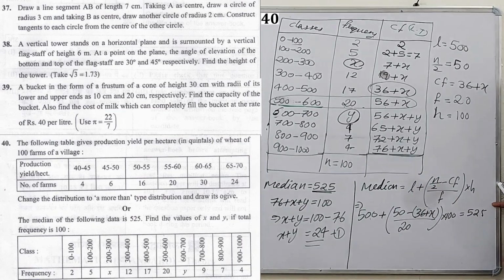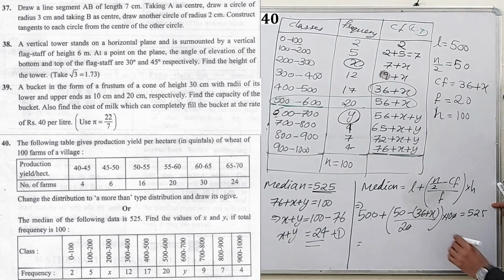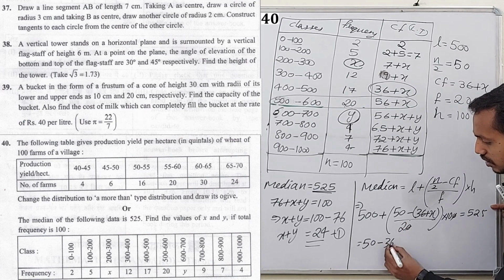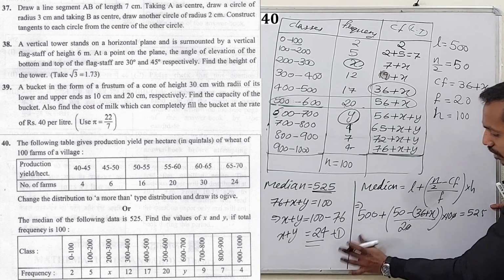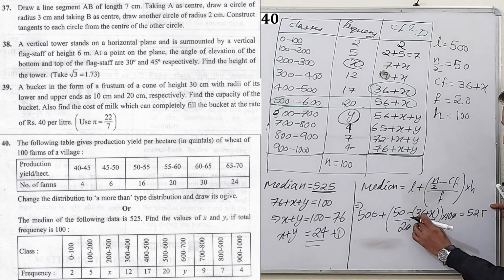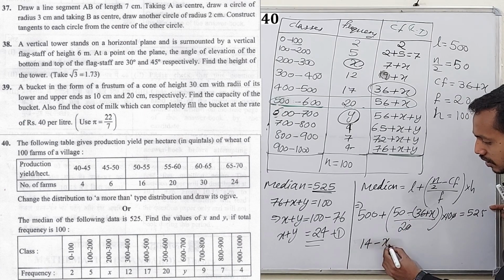Now 500 take to the other side, so what we will get here? Here 1 0 is cancelled. Then directly I am calculating 50 minus 36. This 500 we will take here. So 50 minus 36 is equal to 14 minus x.